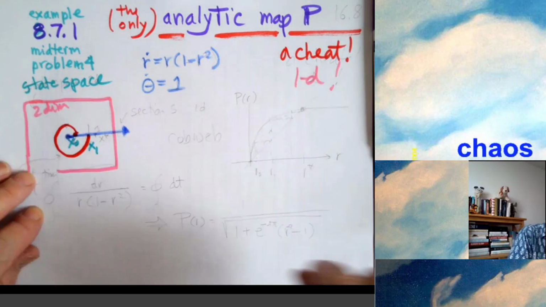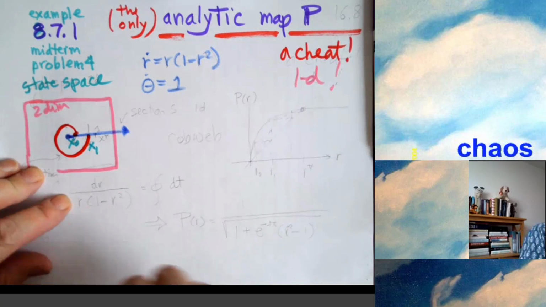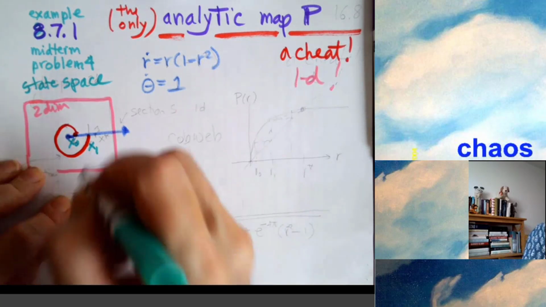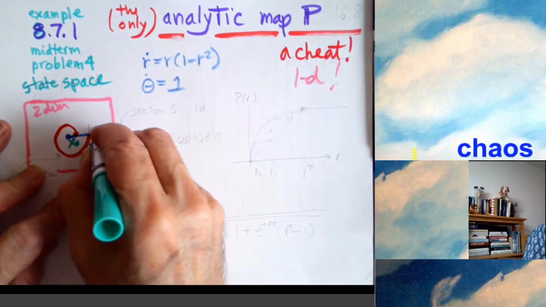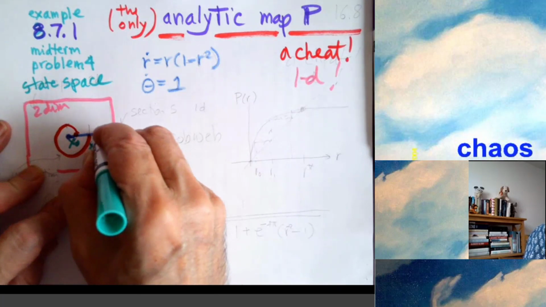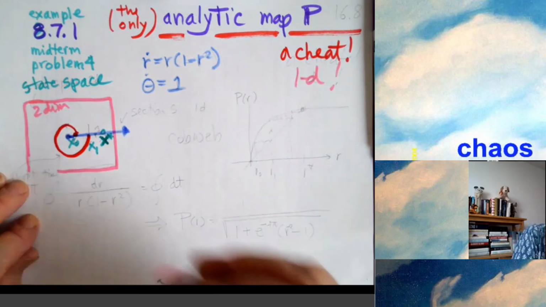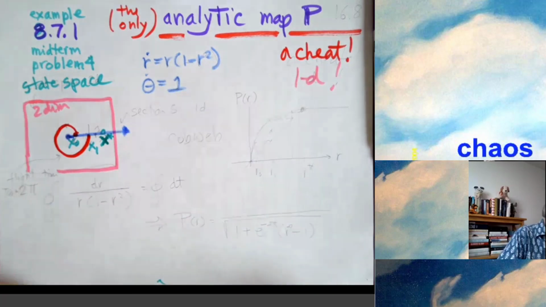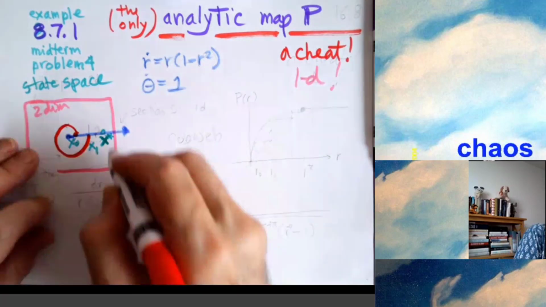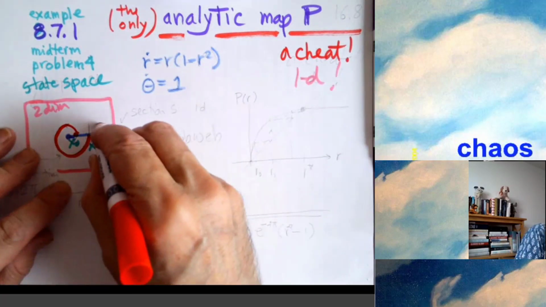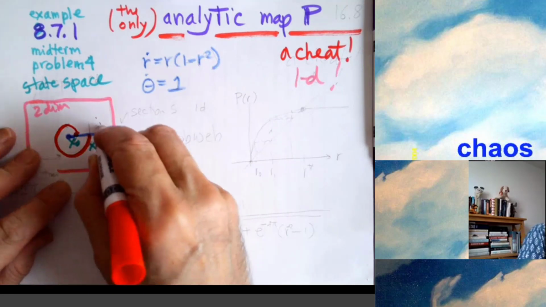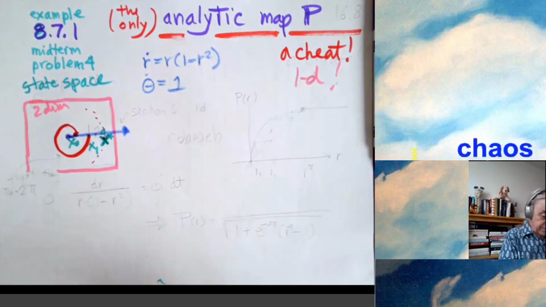It'll do that again, and it'll be approaching the radial fixed point at r equals 1. So there is a radial fixed point in this section. And if I started from the outside, I would go to that point. So the periodic orbit is a circle.